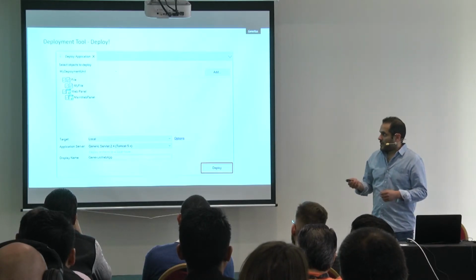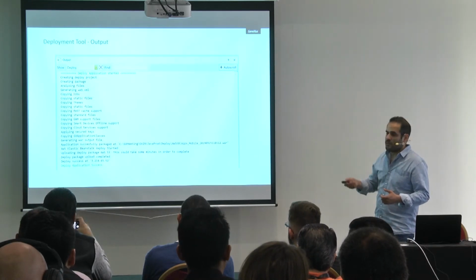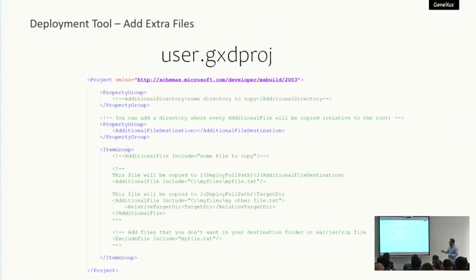Now, this would be the output of the deployment action. This is a typical output of a deploy towards Amazon. I'm going to talk about one of these things in more detail later.